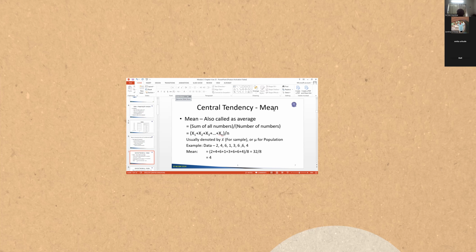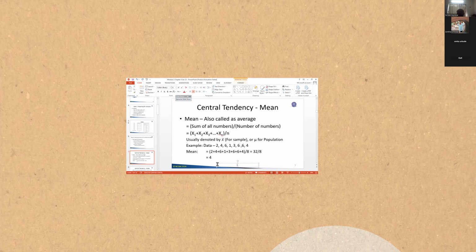So let's find the mean for this data: 2, 4, 6, 1, 3, 6, 6, 4. For the average or mean, 2 plus 4 plus 6 plus 1 plus 3 and so on is 32, divided by the number of data points, 8. So the mean is 4.